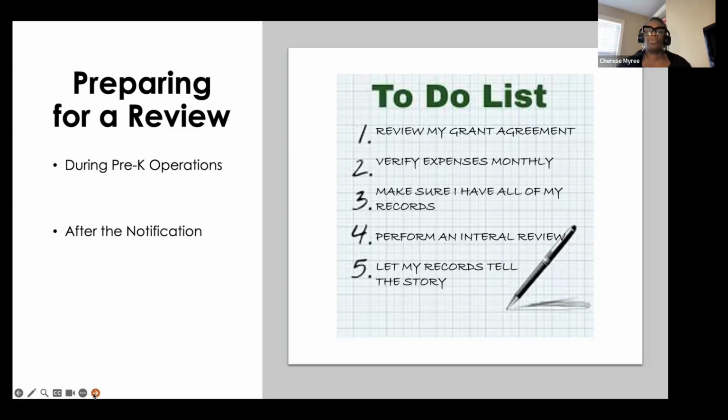Perform an internal review. You should know if you're missing a receipt each month or not, and it shouldn't be a surprise when you get to the end. And the last thing is you want to make sure your records tell the story, right? You want to make sure that you're doing these things while you're operating pre-K, and then once you get your notice of being reviewed for an AUP, then you can go through that same process.